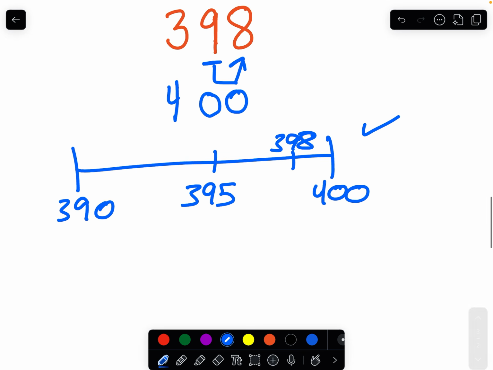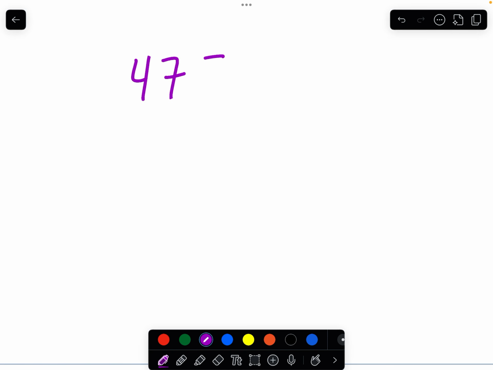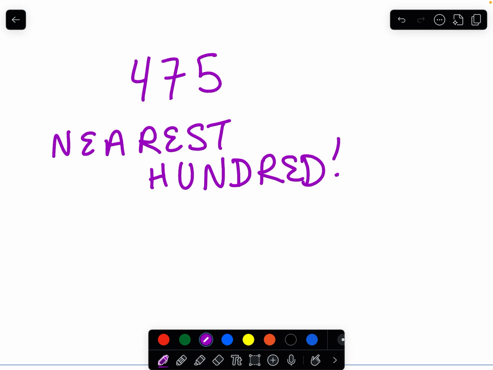So it checks. Now, what if you are rounding to the nearest hundred? Well, the same principle applies. Let's say you've got 475. But this time, rather than rounding to the nearest 10, you are rounding to the nearest 100. We're playing a different ball game here.